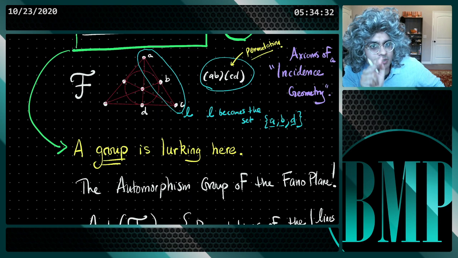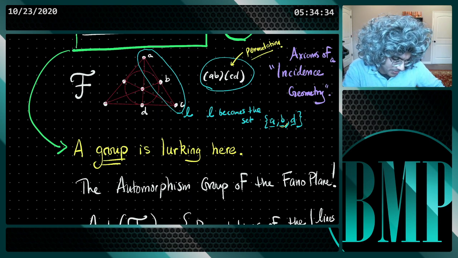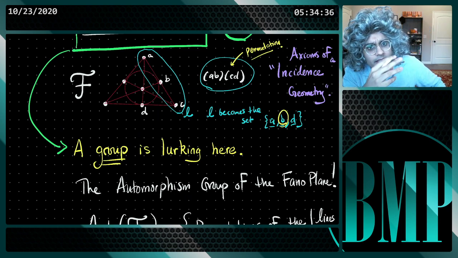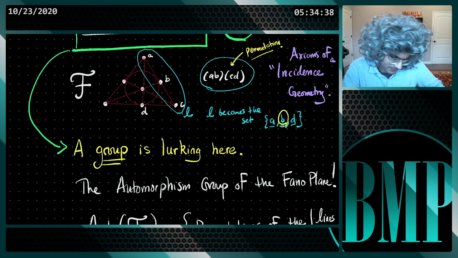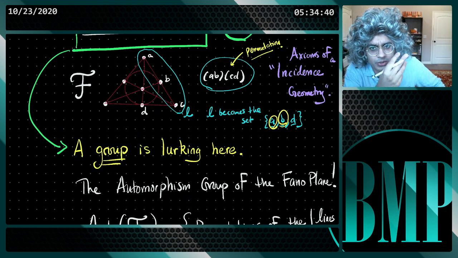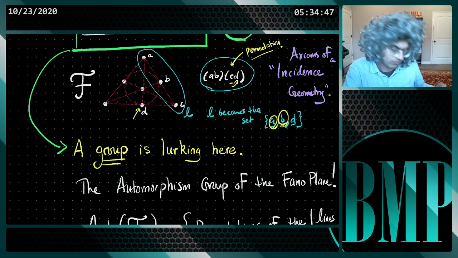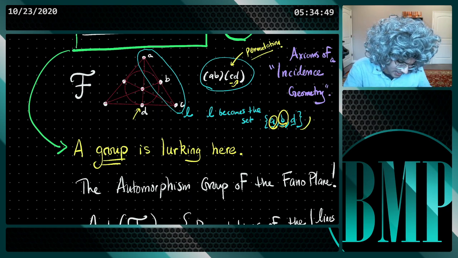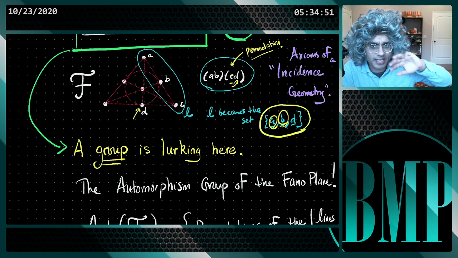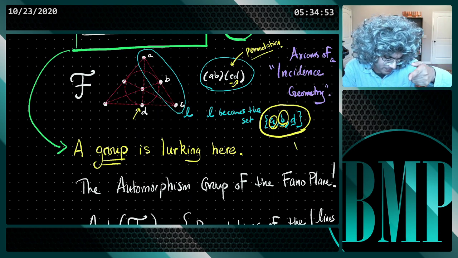A goes to B. So you get B. B goes to A. You get these 2 output points. Where does C go? C becomes this point. So the subset L becomes this subset.